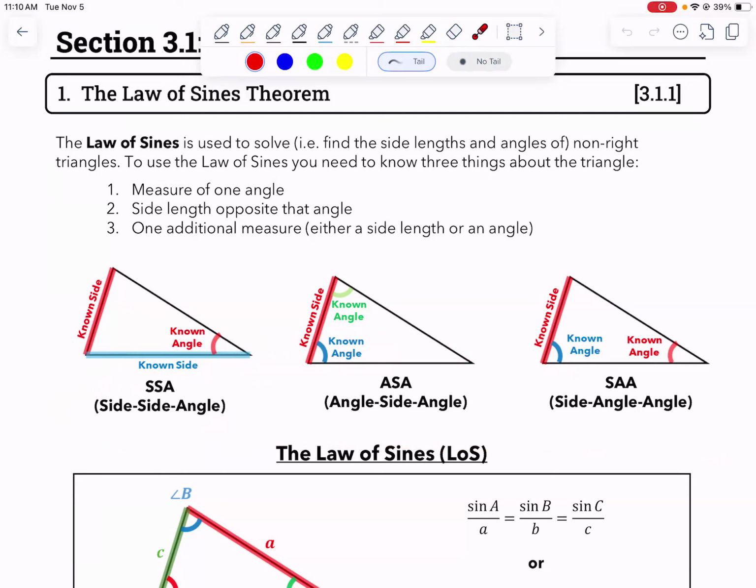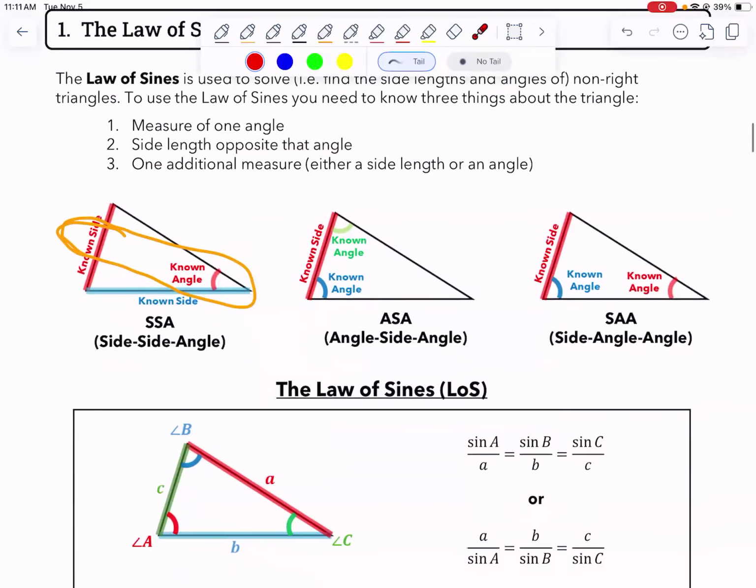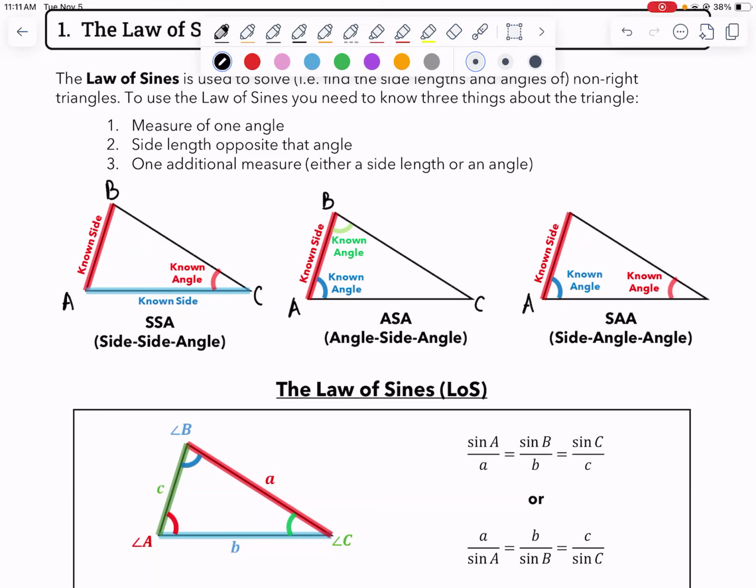So the times when you can use it are times when you know the opposite side and the angle. So I know the side and I know this angle. I'm gonna really quickly label these triangles. I'm just gonna give it an A, B, C, A, B, C, A, B, C. So those are the angles.